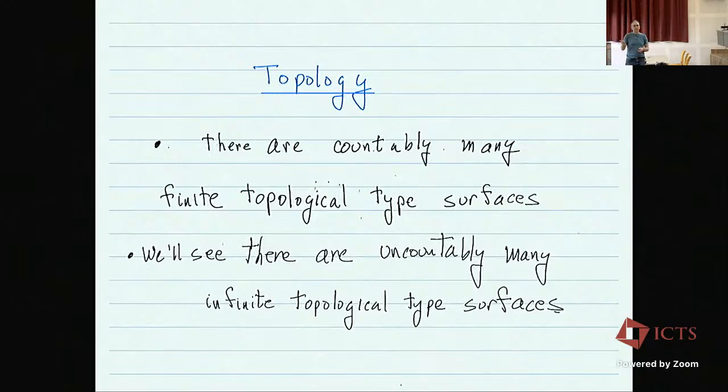So the genus and the number of holes tells you exactly the topological type of a finite surface. So that's countable. There's countably many of those. We're going to see that there's uncountably many infinite type surfaces. So it's much more exotic, this world. You might not like it, but it's much more exotic.